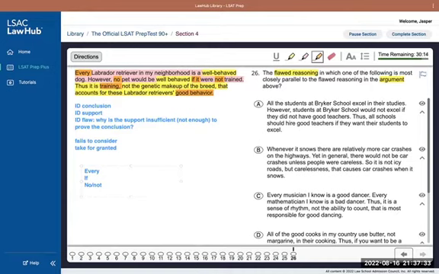So the first statement, our sufficient condition is that it's a Labrador in his neighborhood, right? So I'll just say if L, so that's for Labrador, then well-behaved, okay, which will be WB in this case. So if we have a dog that's not well-behaved, we know it's not a Labrador in this person's neighborhood.